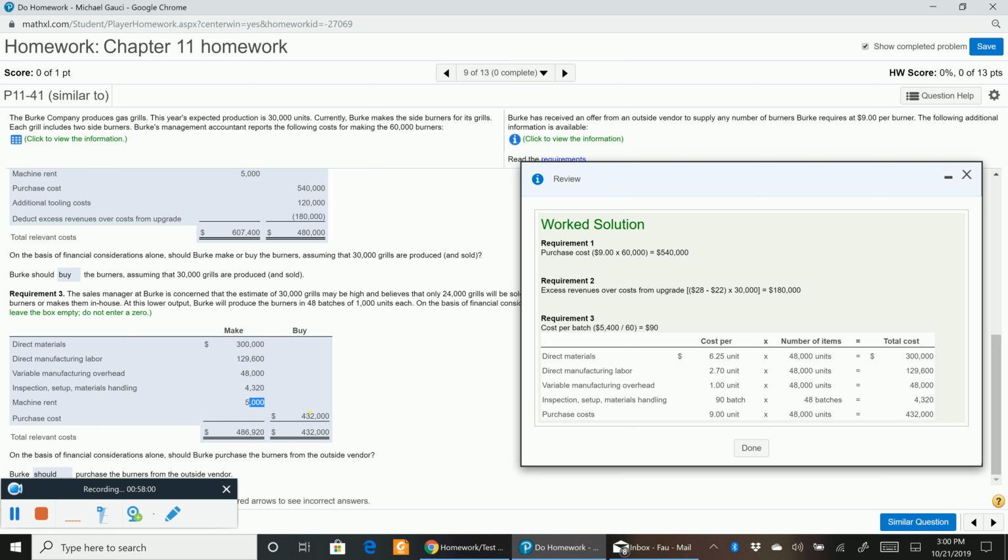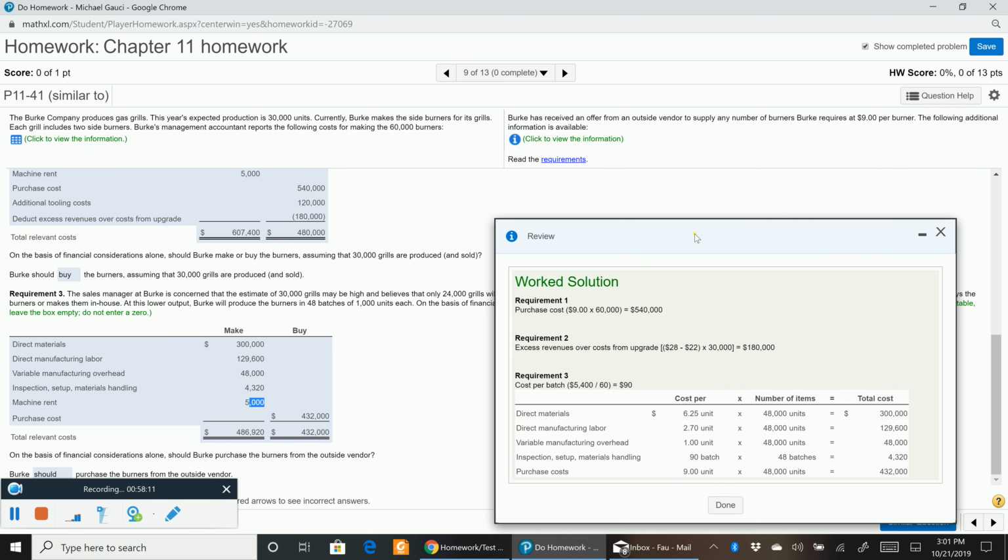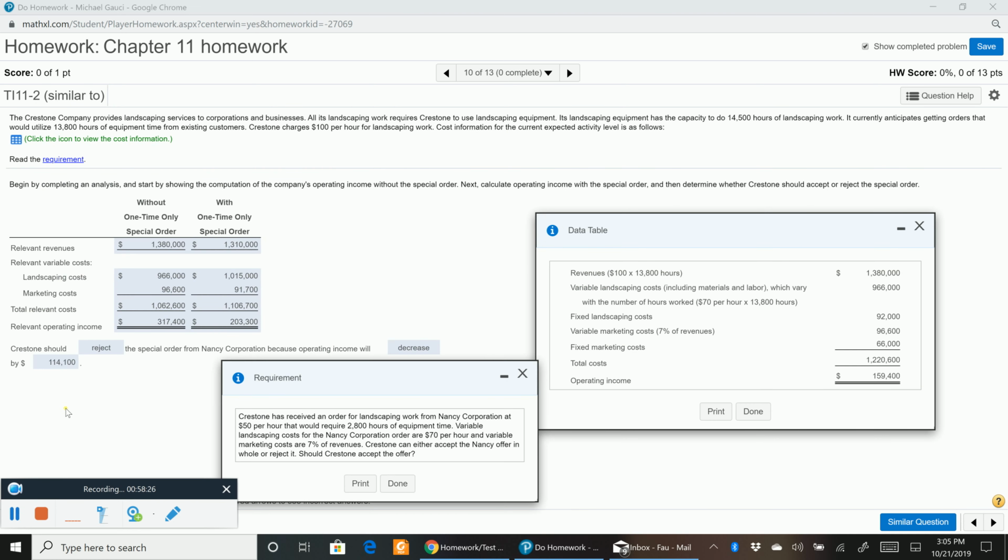Those are the reduced costs to make it internally versus buying outright. We said the purchase price is $9 per burner. 9 times 48,000, you get your 432. So even still, across the board, it makes sense to buy the burners outright, and we can use excess capacity to make rotisserie attachments.